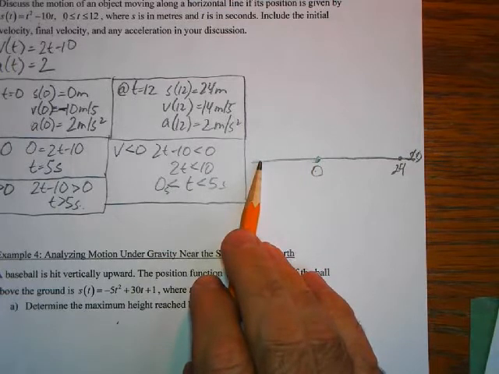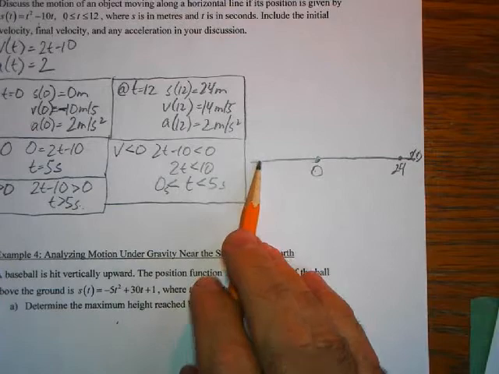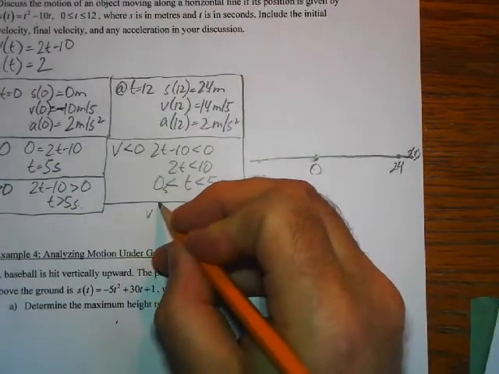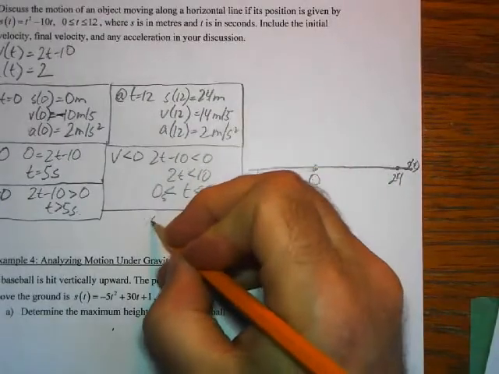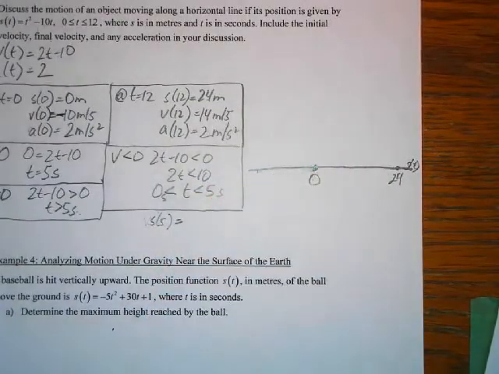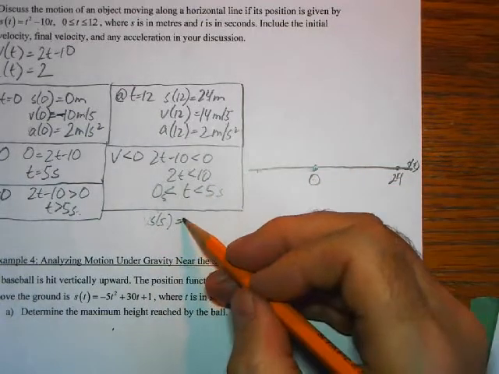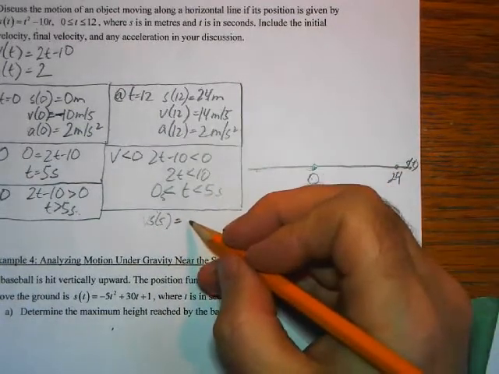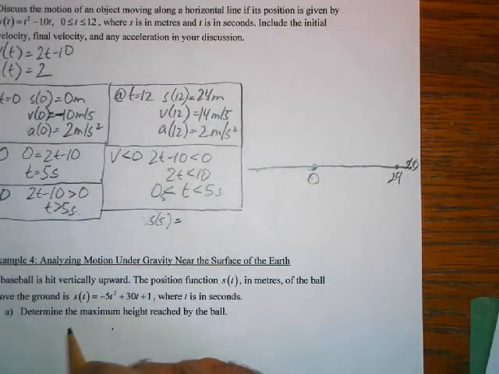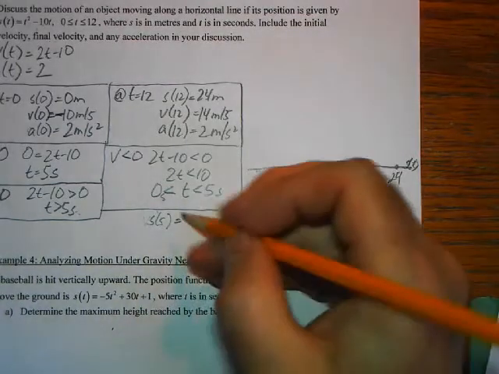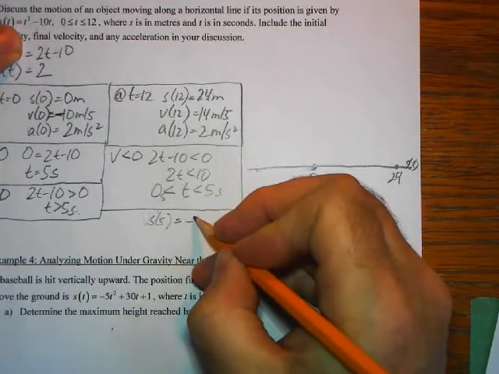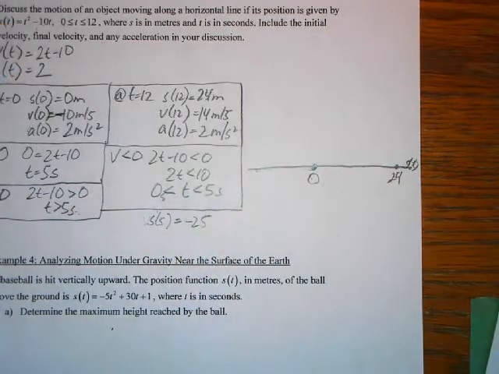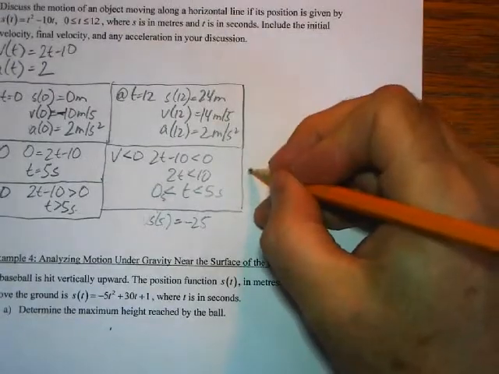So we could plug that in. What's the position, S of 5? S of 5 is equal to 25 minus 50, which is negative 25. Okay, so I'll just put my negative 25 out there.